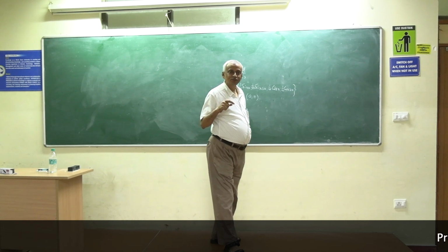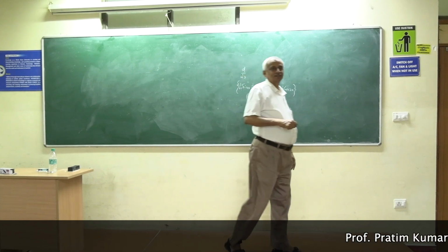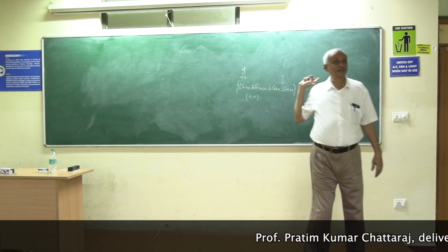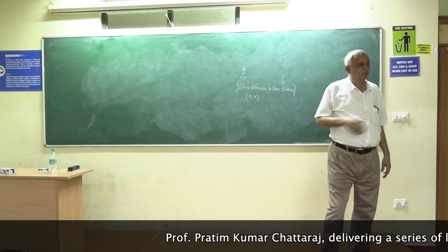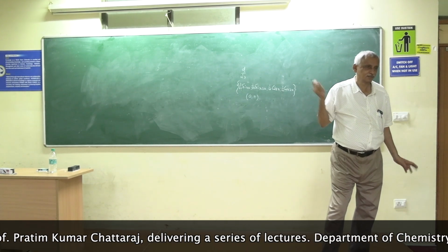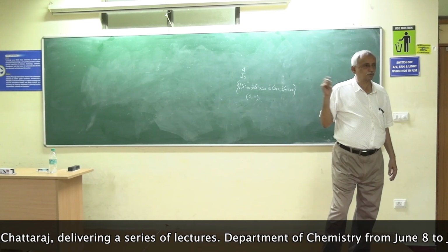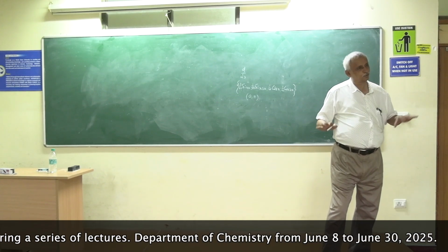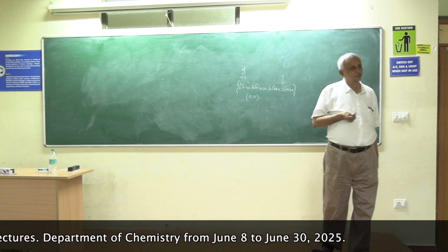As I told you, automatically it will be a diagonalized matrix. That you can see for d2/dx2. But for d/dx, off-diagonal elements will be present. Perfect?